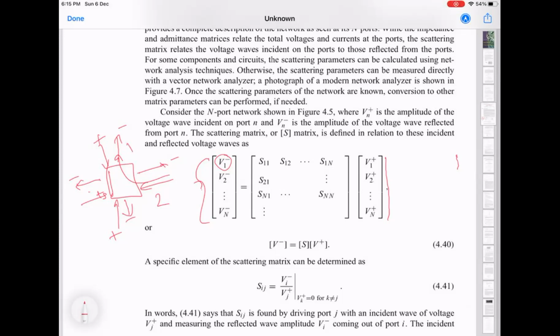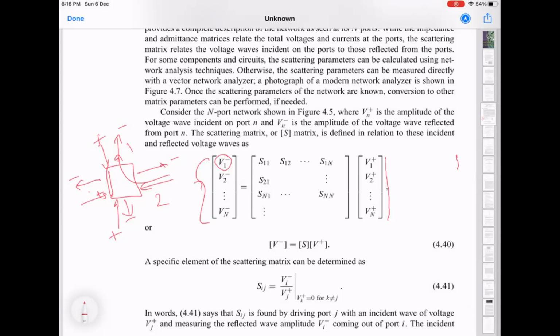So you're saying this because you're setting all the other V pluses and V minuses to 0, and you're checking which element relates the V minus to the V plus, right? Well, V1 minus. I haven't come to that part of how one extracts a particular element.